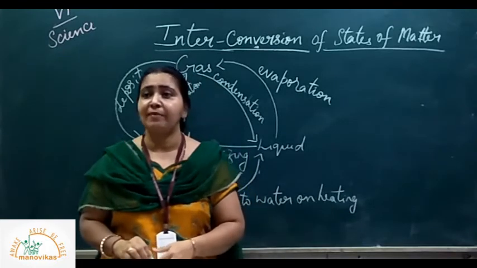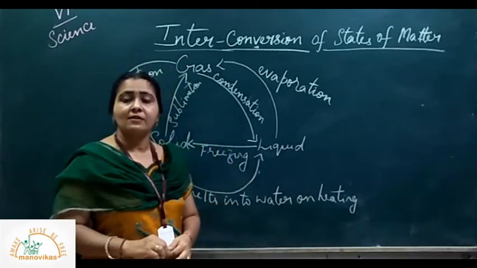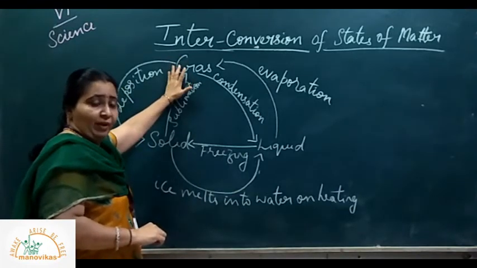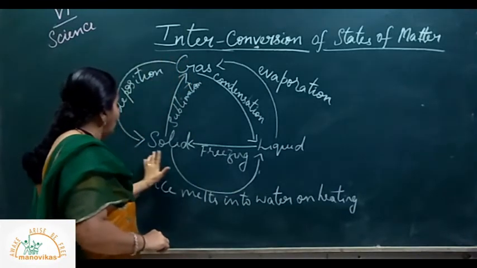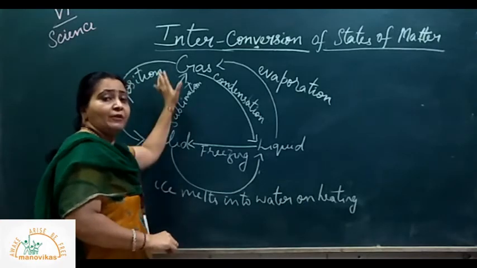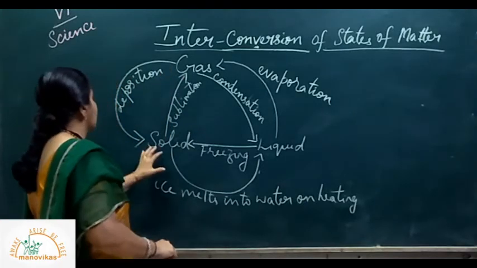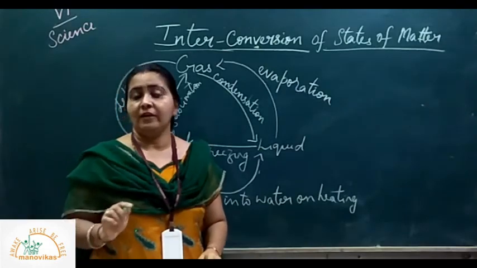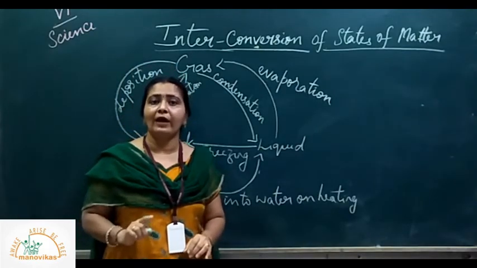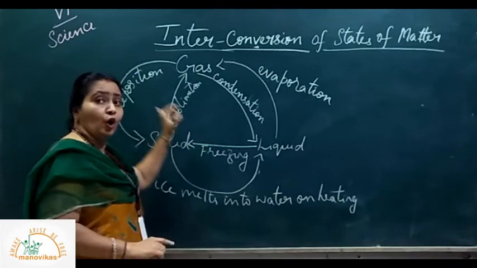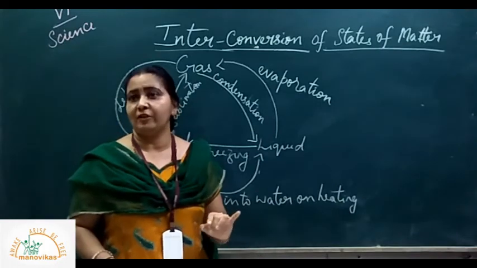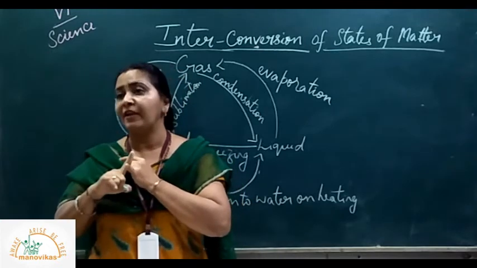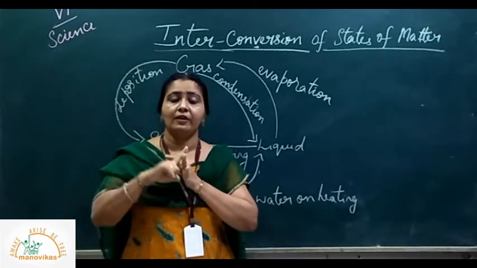What do you mean by desublimation, students? It is the process by which the vapor changes into solid state without passing through the liquid state. That process is known as deposition or desublimation. So you all understood the difference between sublimation and desublimation.